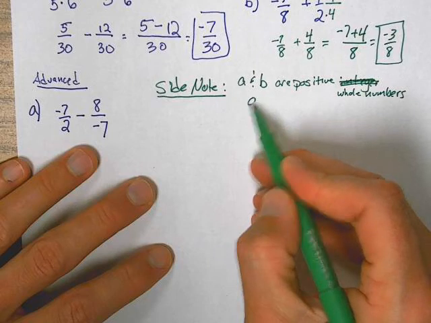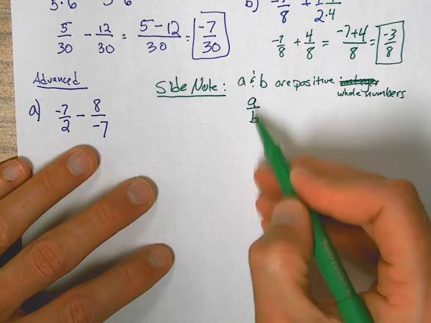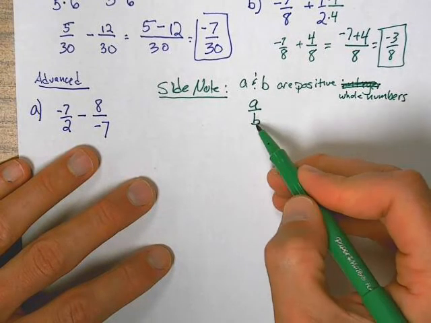If I make a fraction A over B, this is a positive value. A positive divided by a positive is a positive.